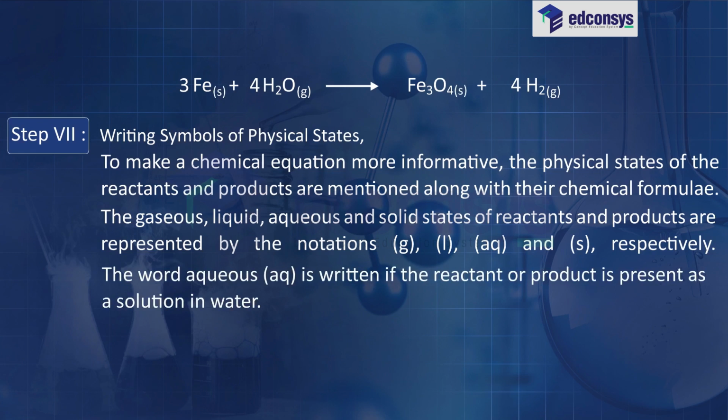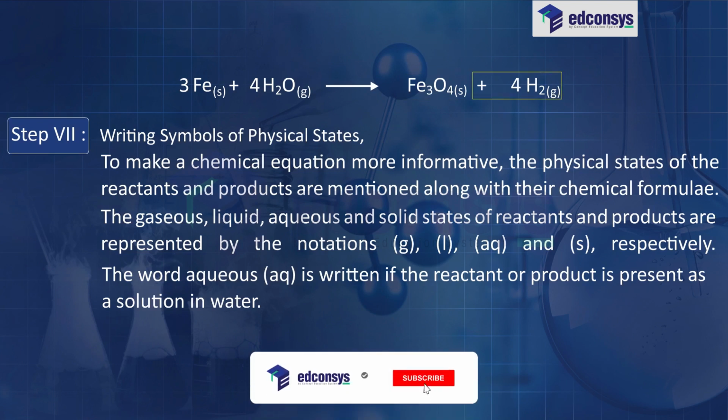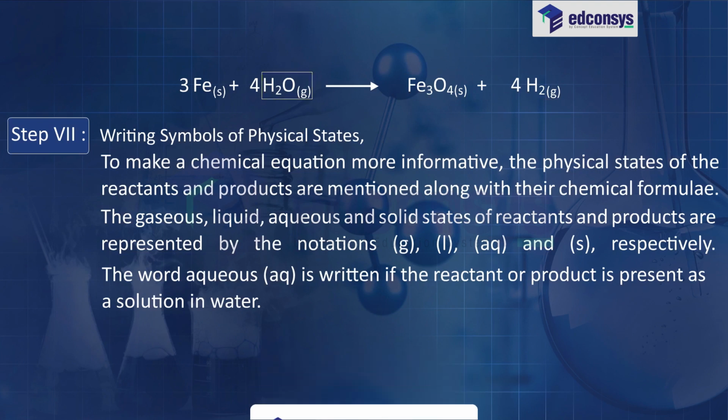The word aqueous is written if the reactant or product is present as a solution in water. The balanced equation becomes 3Fe(s) plus 4H2O(g) gives Fe3O4(s) plus 4H2(g). Note that the symbol (g) is used with H2O to indicate that in this reaction, water is used in the form of steam.